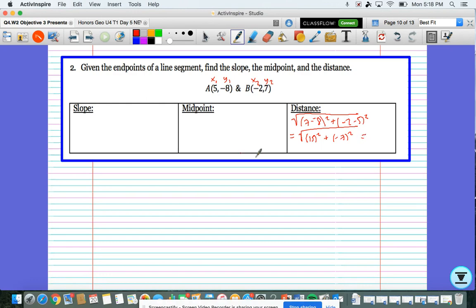So that's 225 plus 49, which is the square root of 274, which is not a perfect square. So I would leave it like that, but I know some of you want it rounded. So you could say 16.553, or whatever you round to. I usually do 3 decimal places.